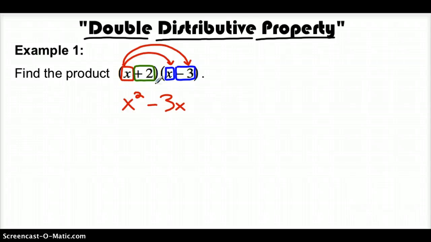Now we did that one distributive property, now we have to do the second distributive property. So I'm going to take the positive 2 and multiply it by each term of the binomial. A positive 2 times x is going to give us a positive 2x, and the positive 2 times that negative 3 is going to give us a negative 6.